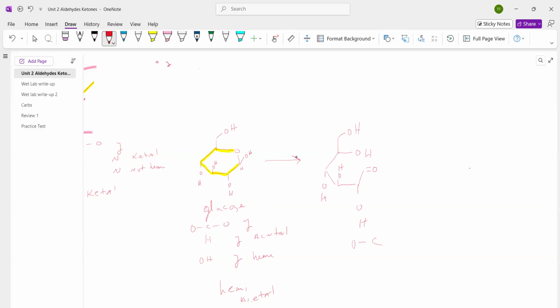So OCO is no. There is no OCO. So that means it's not an acetal or a ketal. But notice it opens up to the aldehyde, and aldehydes can be oxidized.